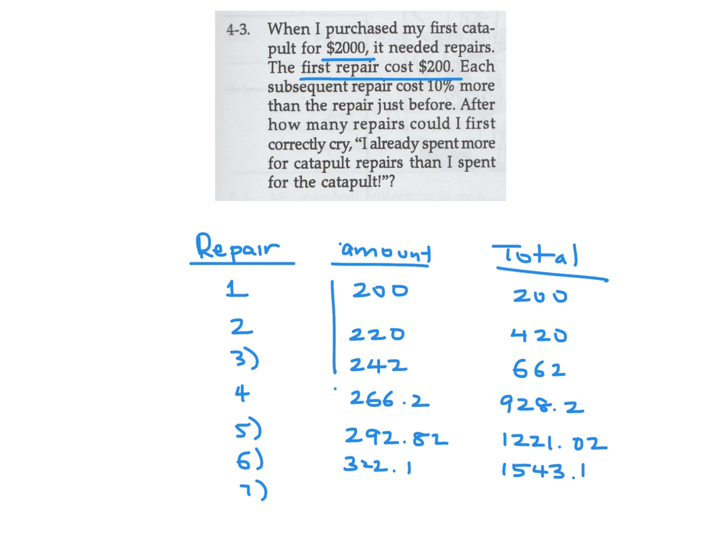And then the seventh repair, 354.3, and this will be 1897.4. And then finally the eighth repair, that's the one that puts you over the 2000, 389.7, and that's 2287.1. So that's when you can cry, I already spent more for catapult repairs than I spent for the catapult. And that happens after the eighth repair.